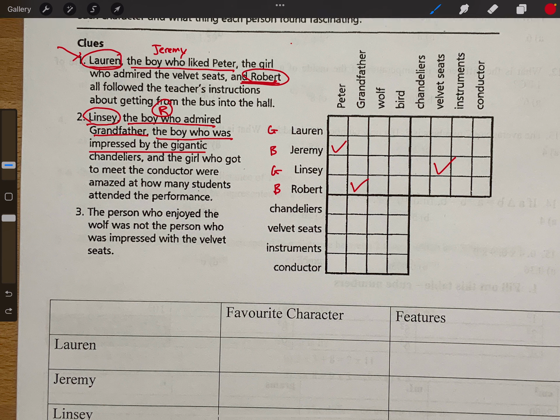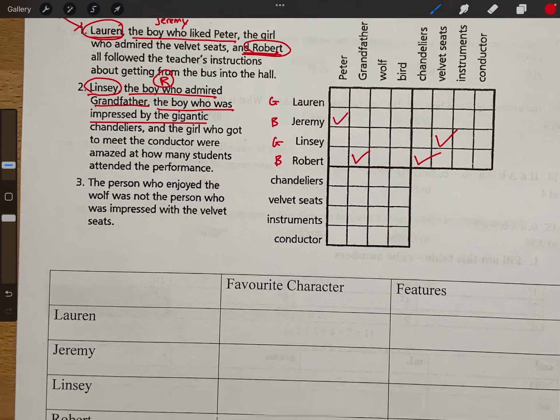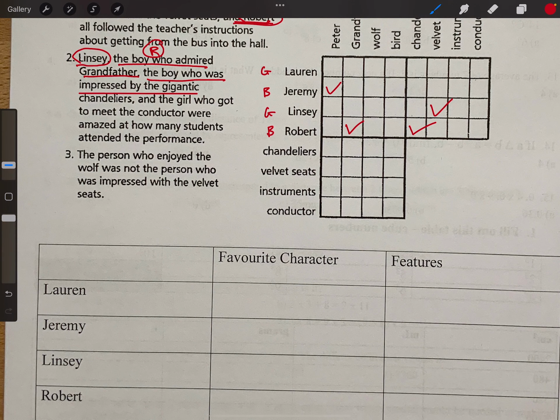So Jeremy must be the boy who was impressed by the gigantic chandelier. Where is it? Here it is. So Robert is the one that likes the chandelier. Now, the last person is the girl who got to meet the conductor. Well, who's that girl? There's only two girls. Can it be Lindsay? No, Lindsay is already listed as the first person.